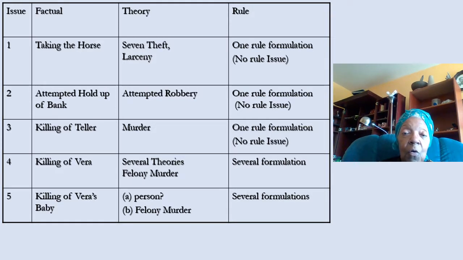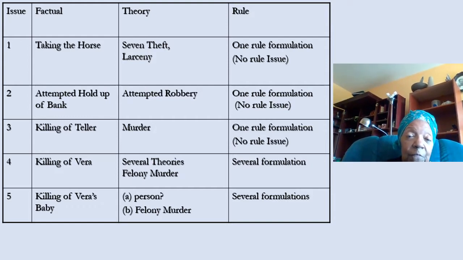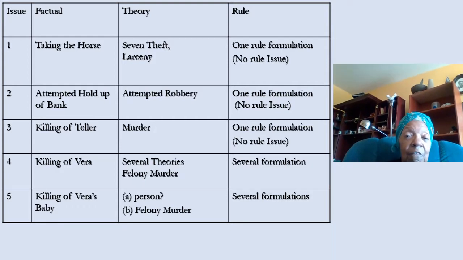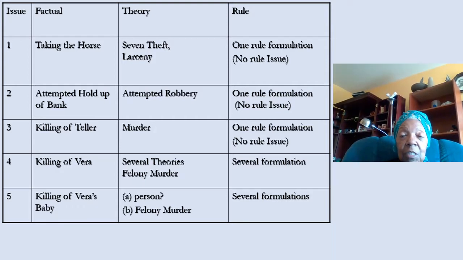Attempted murder, one rule formulation, no rule issue. Murder, one rule formulation. But if we go with felony murder, there are several formulations of felony murder.